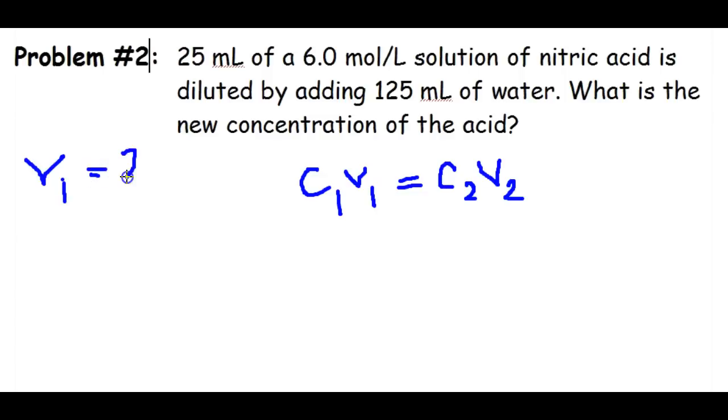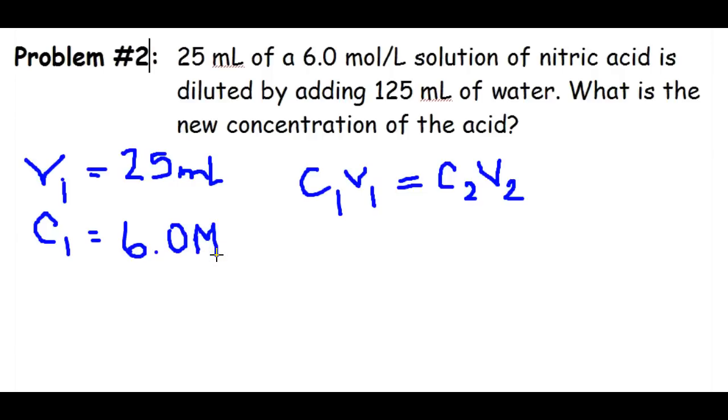And the concentration that matches the 25 milliliters, in other words, I have 25 milliliters of which concentration? I have that of the 6 mole per liter solution. So I'm going to write that out. I'm going to use the capital M here just to save us the time.